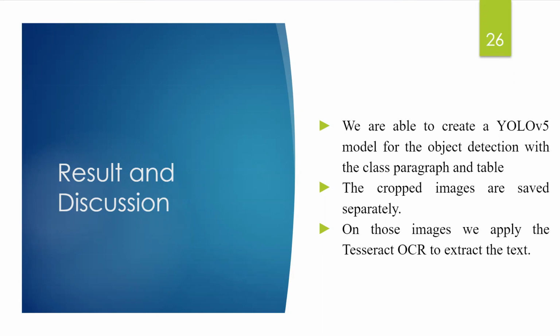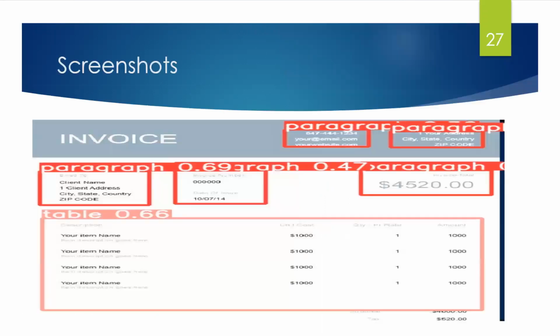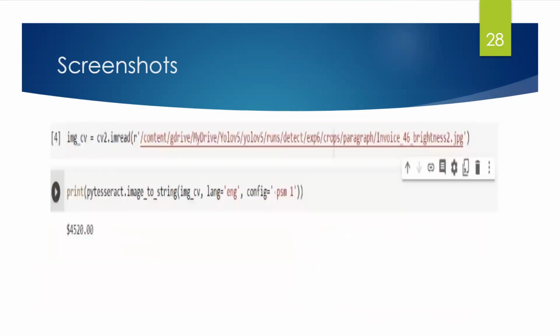For these images, we have used Tesseract OCR to extract the text. As you can see, this is the screenshot of the result. The paragraphs and tables are identified from the invoices, and this is the text extracted from the invoices. That is, we have extracted the total bill amount.